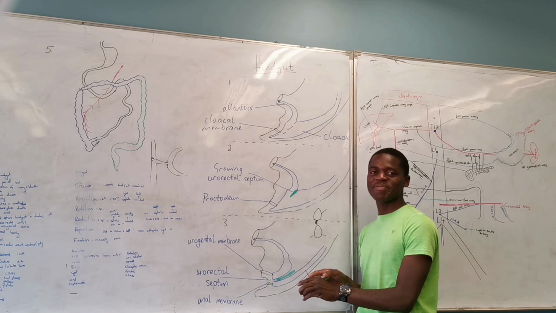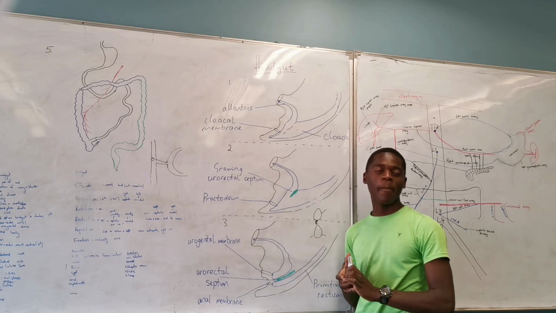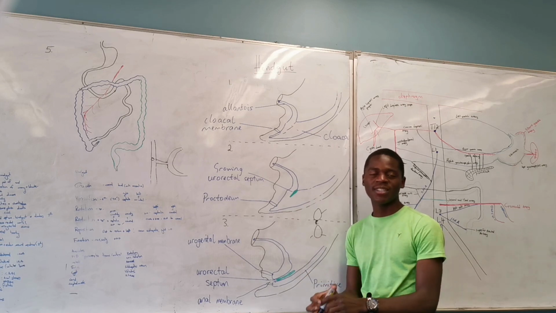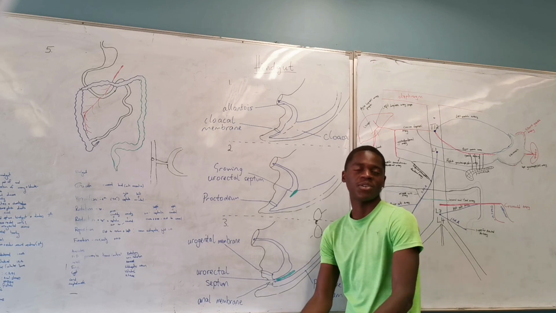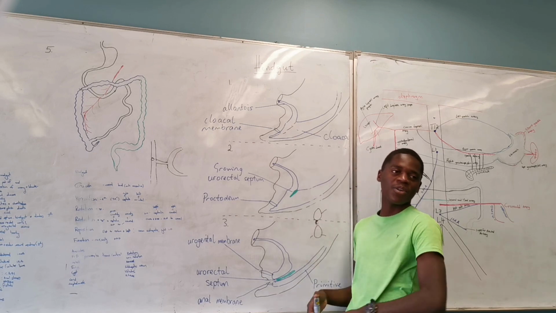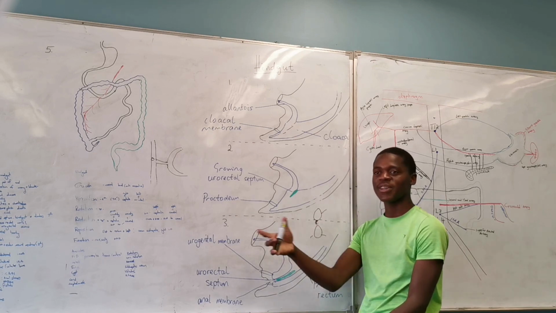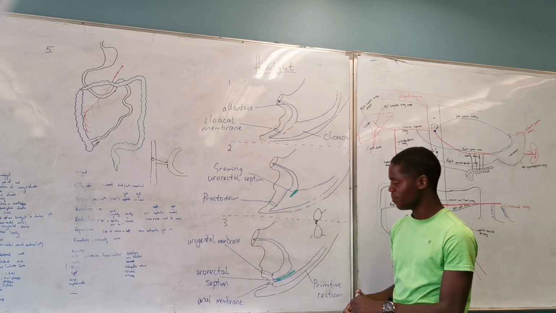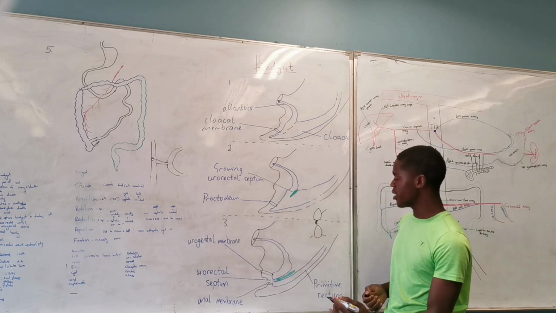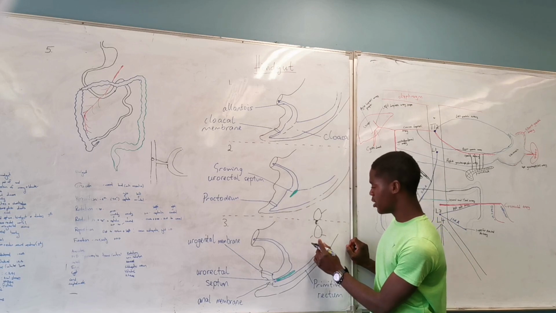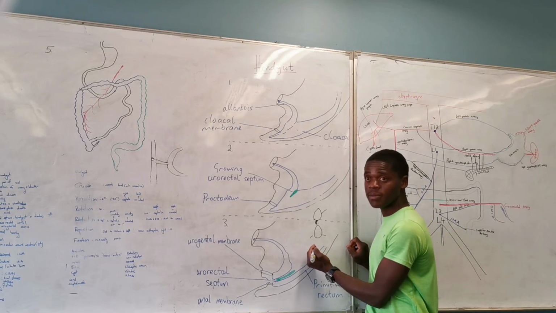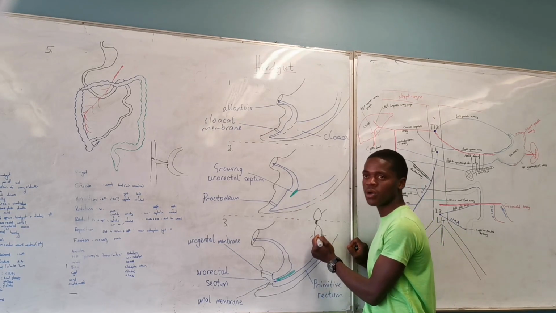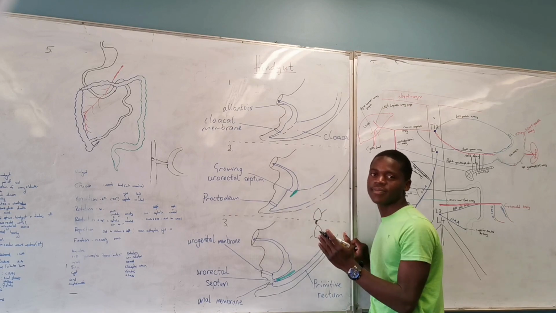The word proctodeum comes from the Greek word proctos, which means the road or the way out. So it is the way out of the anal canal. In the 8th week, the proctodeum comes in and fuses with the anal canal, completing the tract.